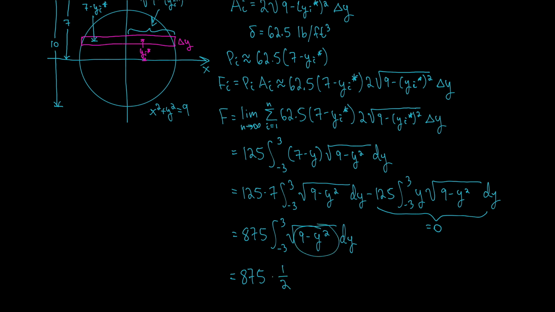This circle has a radius of 3, so it's half pi times 3 squared, which is 7875 over 2, which is approximately 12,370 pounds.